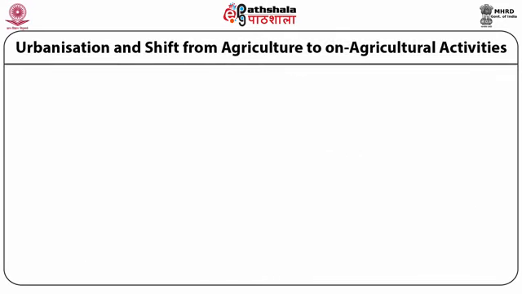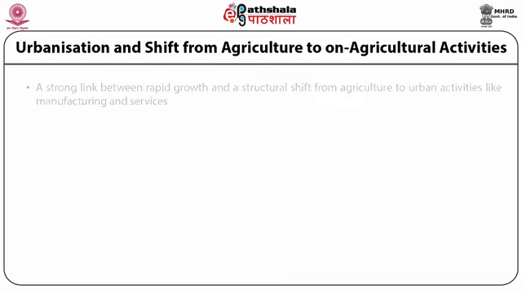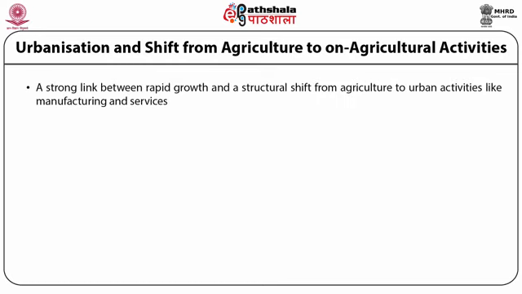The next most important feature of urbanization is the shift from agriculture to non-agriculture activities. The sectoral composition of GDP growth across countries confirms a strong link between rapid growth and a structural shift from agriculture to urban activities, like manufacturing and services.